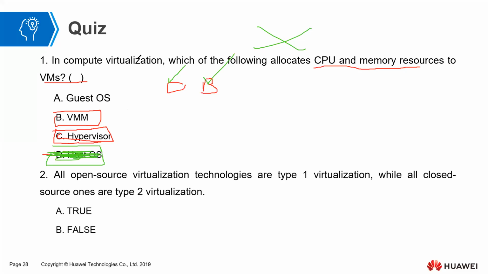So in computer virtualization, which of the following allocates CPU and memory sources to virtual machines? Remember, we said this means this, and also this means that, isn't it? It's part of the kernel module.